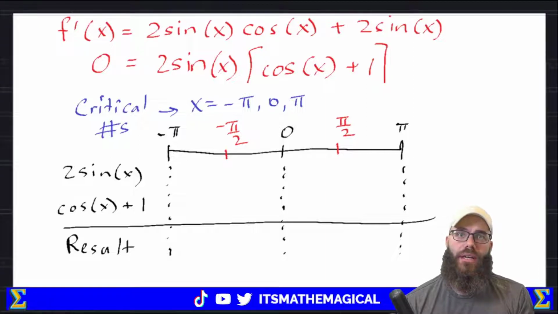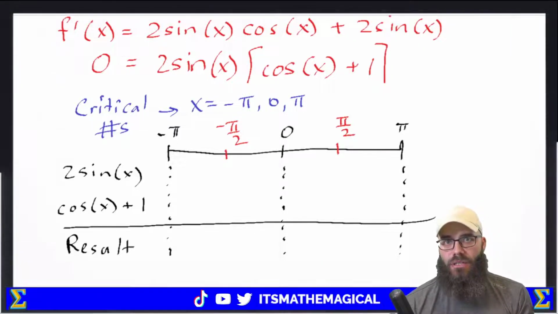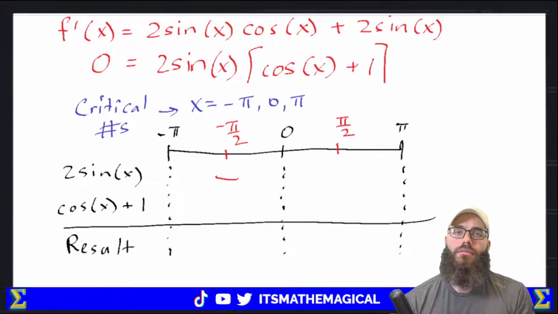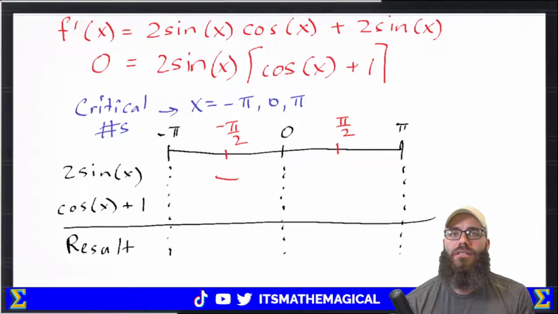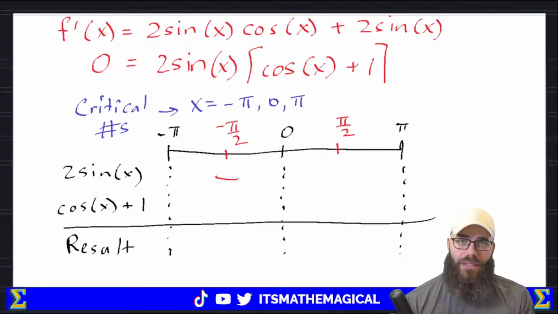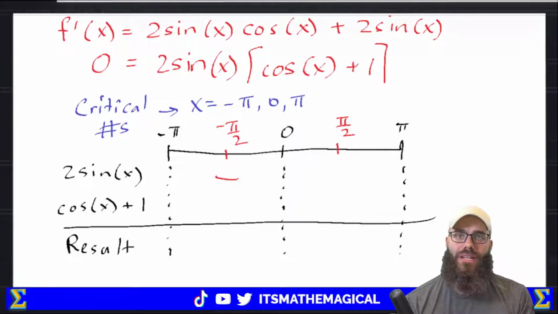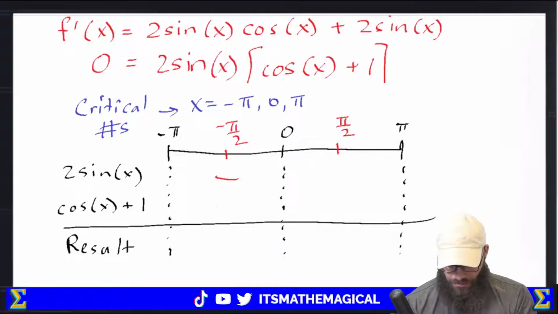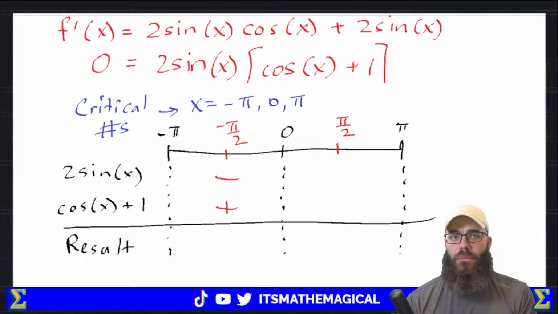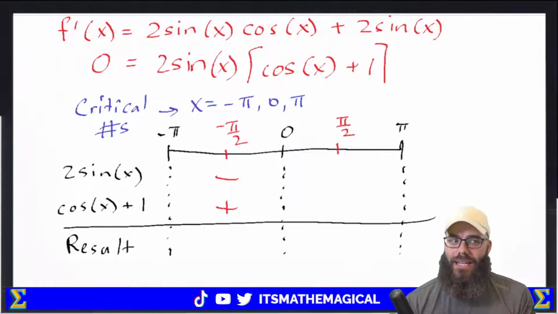Sine at negative pi over 2 is negative 1, so we have a negative value there. Now plug negative pi over 2 into cosine x plus 1. Cosine of negative pi over 2 is 0, so I have 0 plus 1, which is positive. For the result, these are factors, so if I multiply a negative number times a positive number, that results in a negative number.